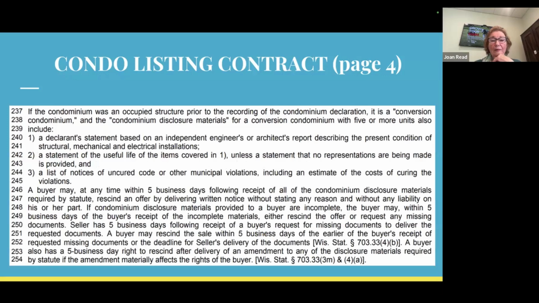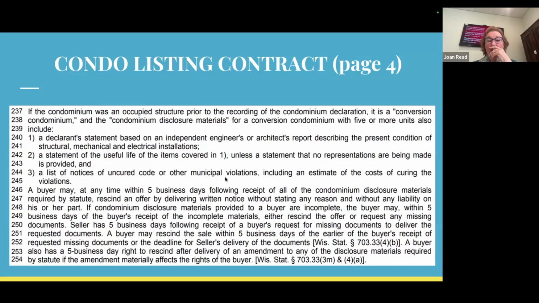So if the condominium was an occupied structure prior to the recording of the condominium declaration, it is a conversion condominium. And the condominium disclosure materials for a conversion condominium with 5 or more units also include, and this is important, a declarant statement based on the independent engineer or architect report describing the present condition of the structural, mechanical, and electrical installations, a statement of the useful life of the items covered in statement 1, and a list of notices of uncured code or municipal violations.